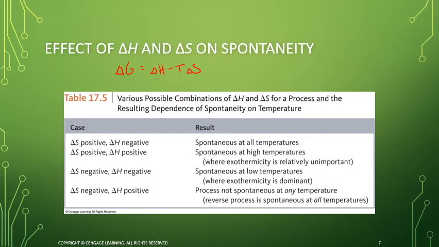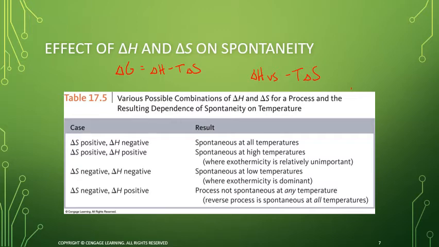So when we look at the different combinations, we want to compare the delta H versus the product of the negative T delta S. And so as we're making these comparisons, think about how this value would affect the reaction.